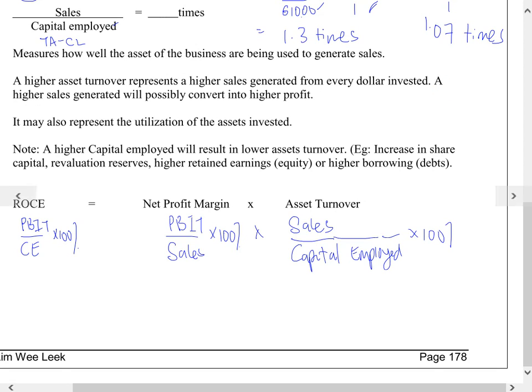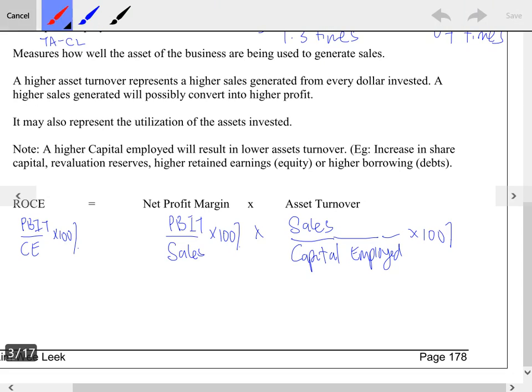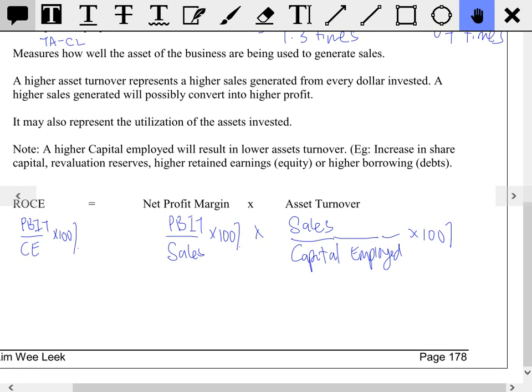Sales divided by capital employed. Times 100% means times 1, ignore the 100%. Okay, cancel off the sales, because when this one equals sales, you cancel off, I'm left with PBIT divided by capital employed. Exactly. ROCE.